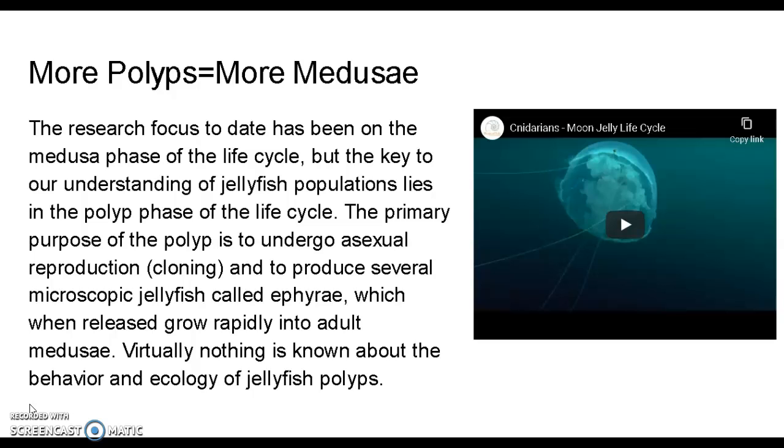Understanding how the polyps behave and what factors in the environment influence their development into ephyrae can explain why the population of adult medusa jellyfish grows. The more healthy polyps you have, the more ephyrae you have. If you have a lot of happy polyps making a whole bunch of ephyrae, you're going to get a big jellyfish population.